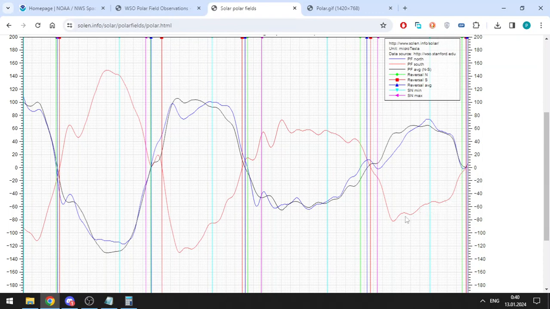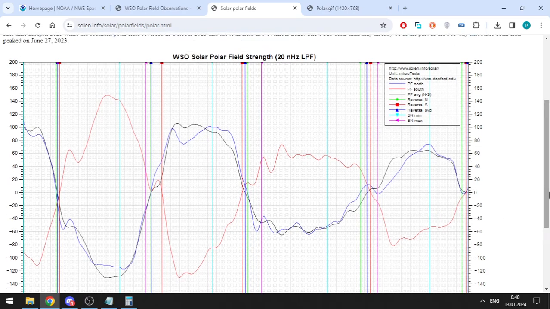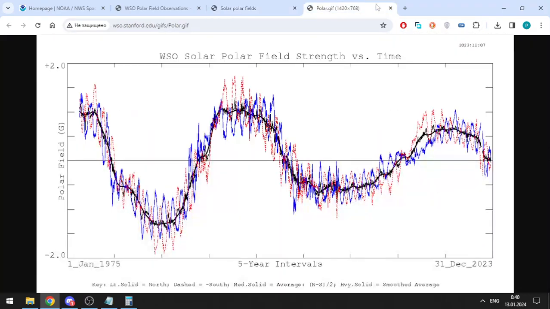And they take the average of the south, the average of the north, and the average of their difference. You see north minus south, which indicates the field strength overall, plus the polarity, all right? So here we have north in the north, south in the south. Here we had vice versa, so that's why it's negative, right? The black line.